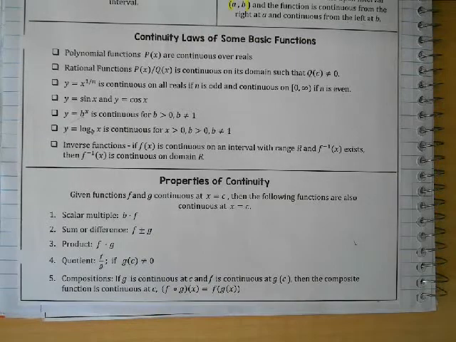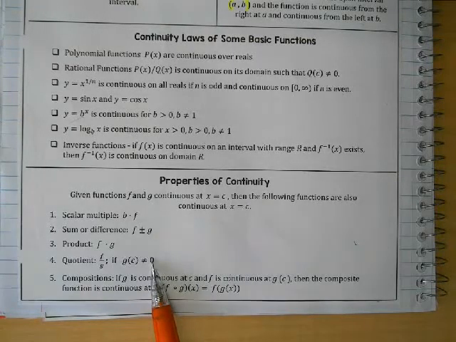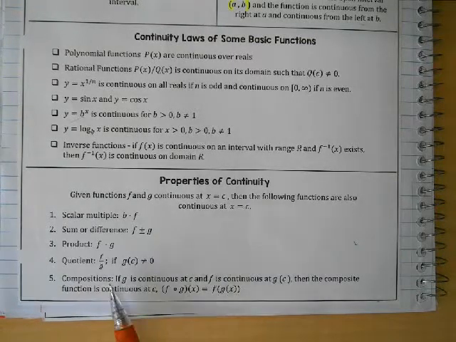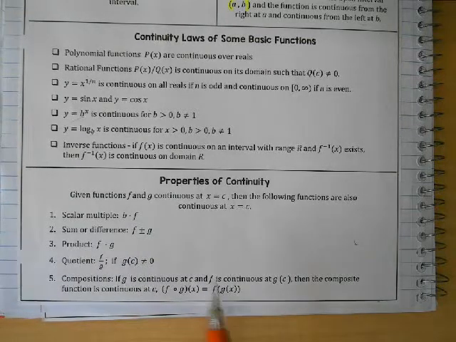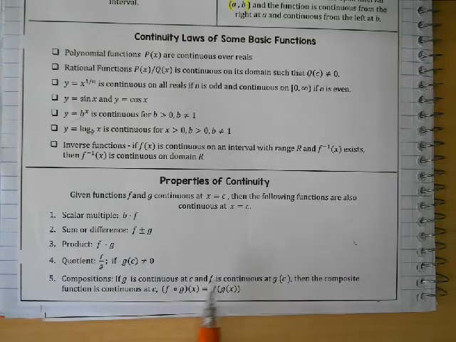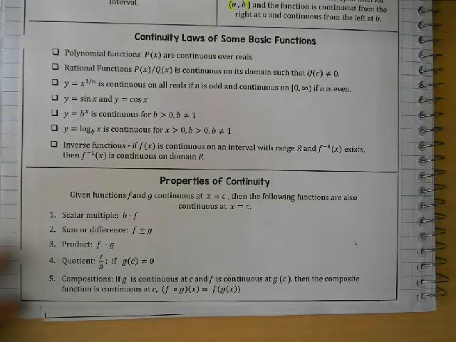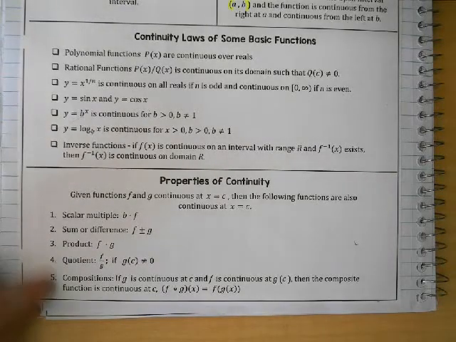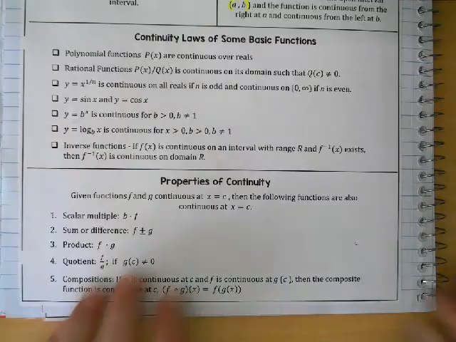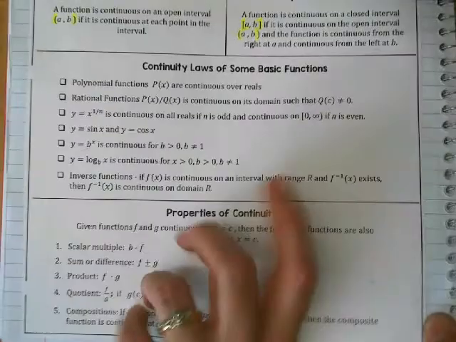If you divide, still continuous, as long as you don't get 0 in the denominator. And then a composition. If g is continuous at that point and f is continuous at its value, then the composite function is going to be continuous. Okay, don't worry too much about this right here. We'll see this as we go along. We'll start talking about where we can assume that.